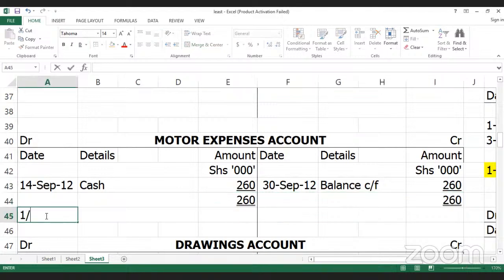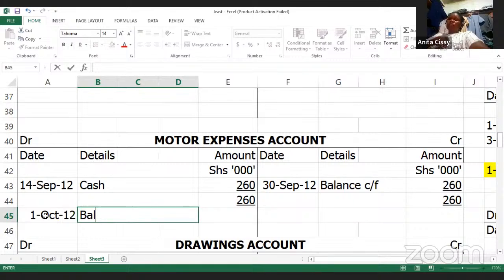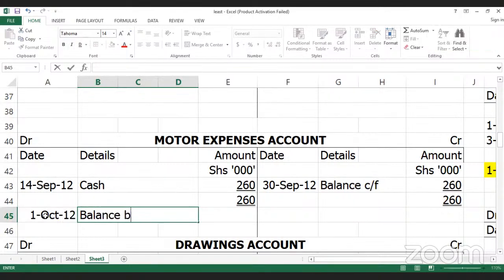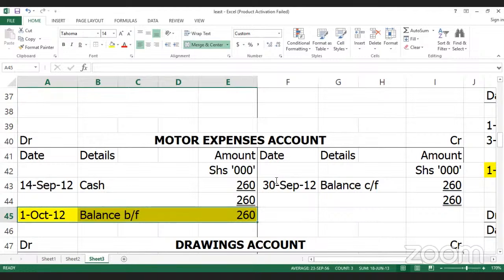And the balance brought forward, of course, always comes on the greater side. The motor expenses account is also balanced.